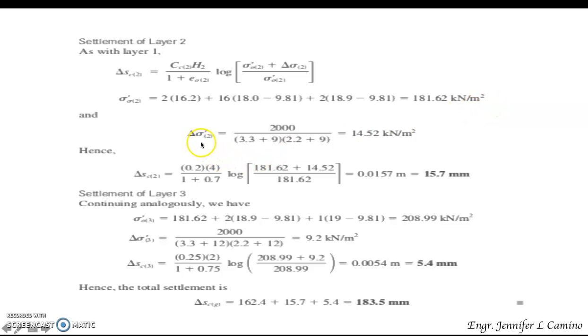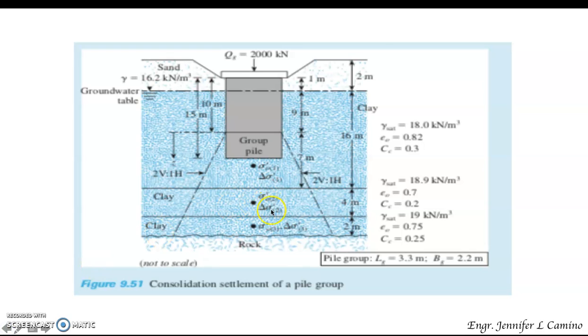And our change in the vertical stress, using the formula that we have a while ago, will be equivalent to Q sub G over L sub G plus Z sub 2 times B sub G plus Z sub 2. So this 9 actually will be from this portion.